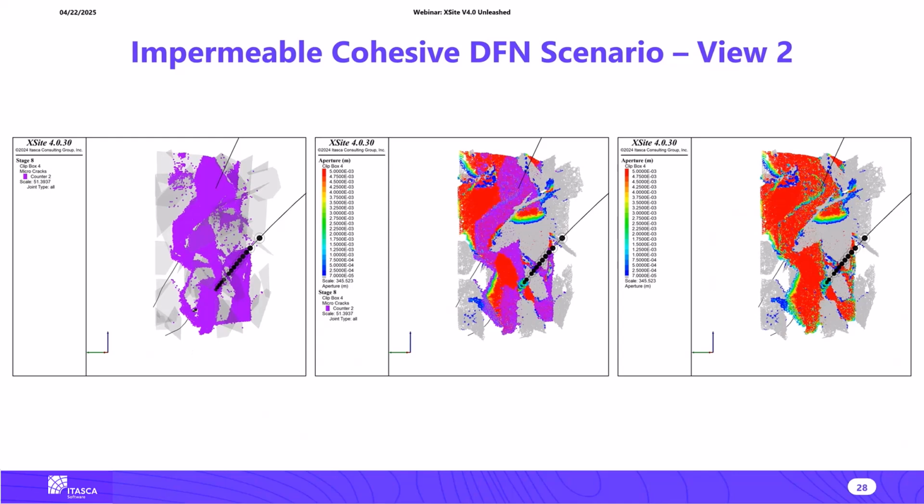Instead, the DFN affects the fracture trajectory, and its propagation moves towards the heel side of the well. Okay, so this is what I have prepared for today's webinar, and I would be happy to answer questions if you have any.